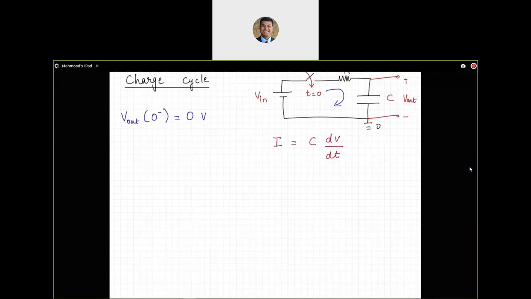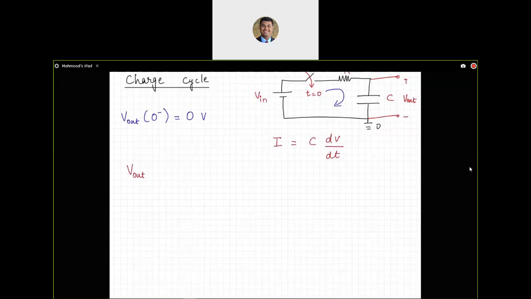But I don't want to spend my time doing that complex analysis, which is part of a very involved or complex discussion meant for electrical engineers. I'm going to assume that I formed that differential equation, I substituted the initial condition for the voltage of the capacitor, and I solved for V out as a function of time, and I will end up with this particular solution.